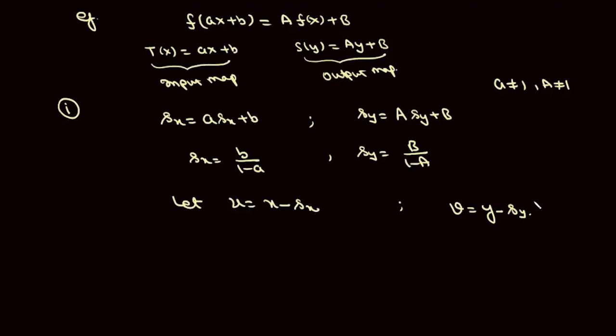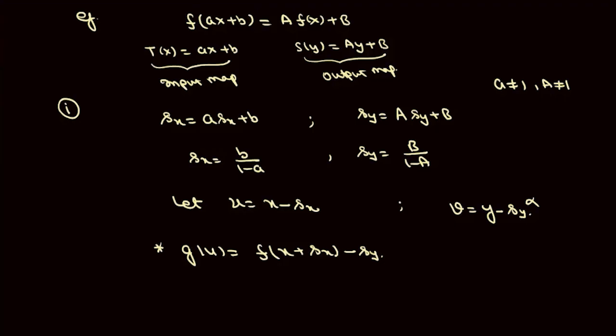So for this question, we'll not need this v. Now here, we'll define this function g(u) as f(x + s_x) minus s_y, and everything else will remain the same.